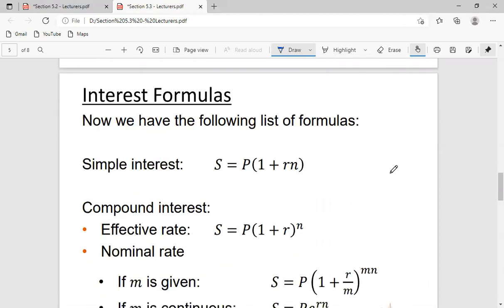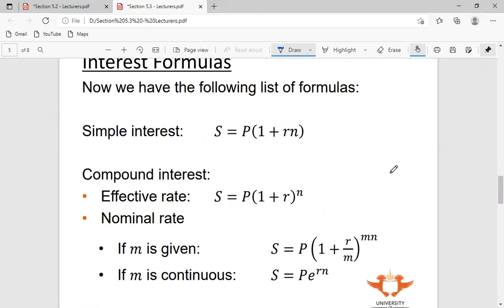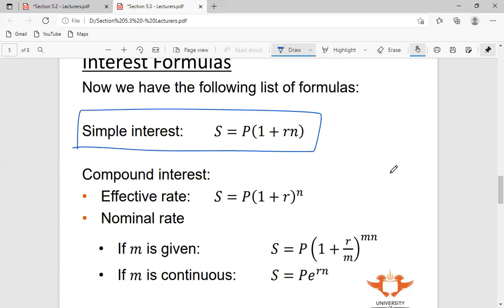If we summarize the interest formulas, for simple interest it's given by that.